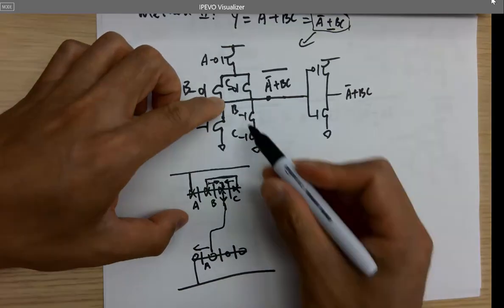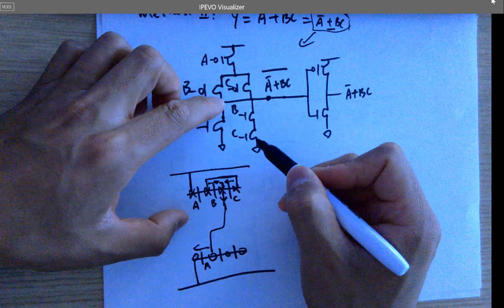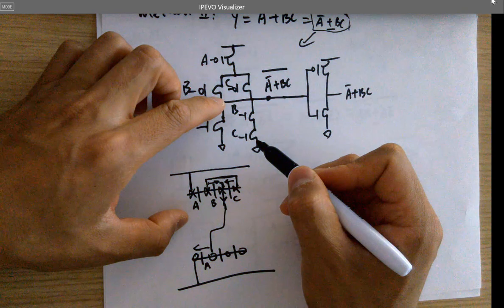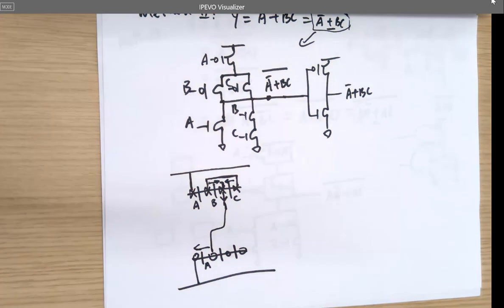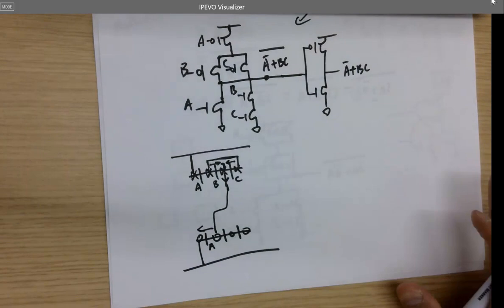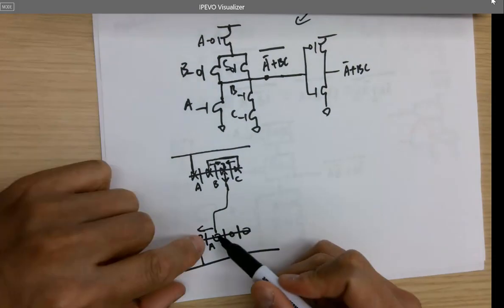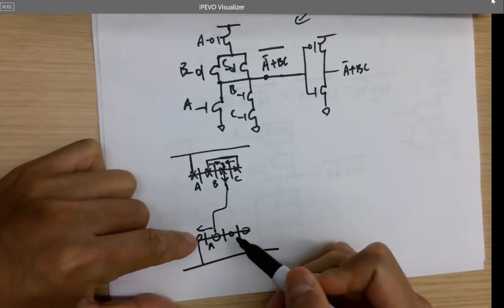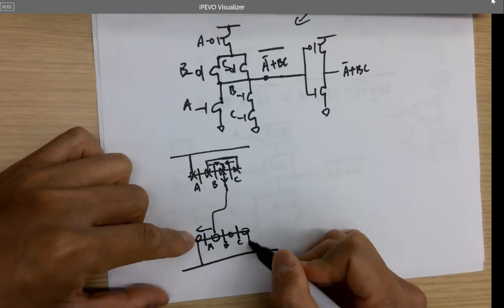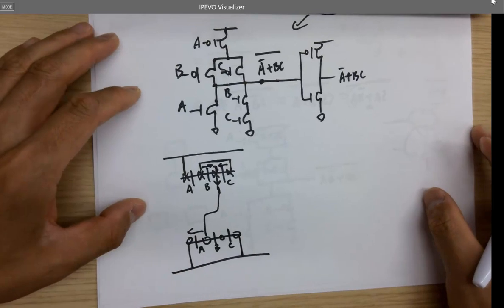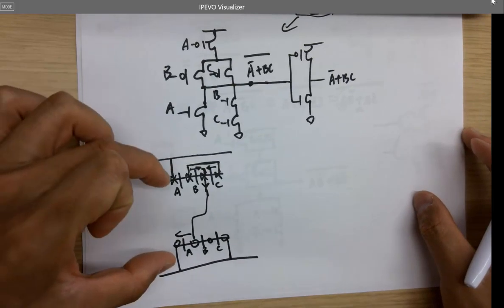And another branch is the two. That's the second branch, and these two transistors are in series, which is B and C, and then also goes to ground.